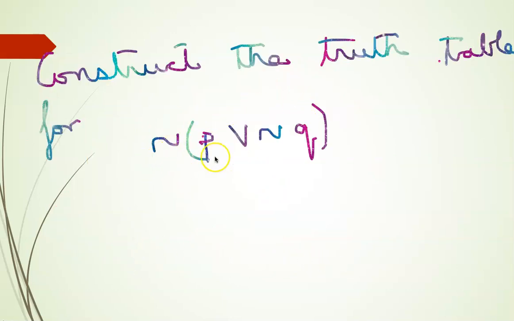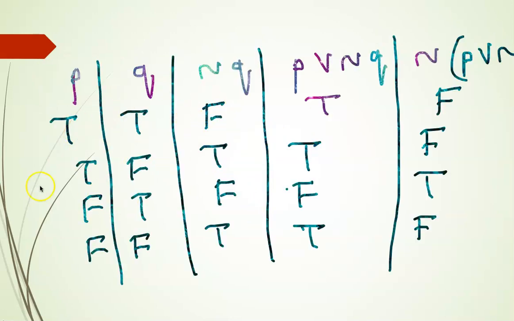Construct the truth table for negation of P, disjunction, negation Q. So we have the possibilities here. Negation of Q is false, false or true is true, and negation of true is false. Again false, negation of false is true. P disjunction negation of Q. So true or true is true, and negation of true is false.